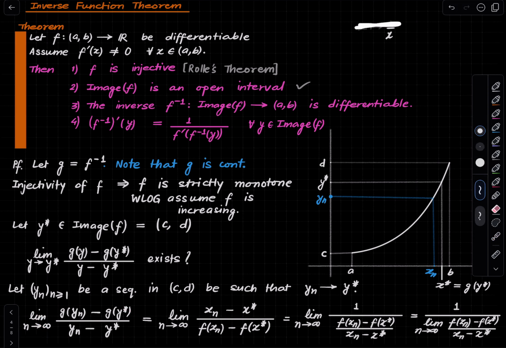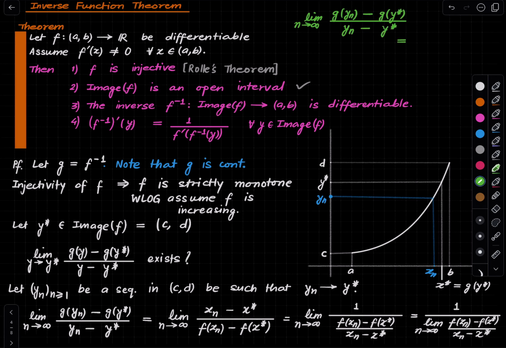So I'll write the conclusion here. What we have shown is limit of n going to infinity g yn minus g y star divided by that thing. This is equal to 1 upon f prime x star.